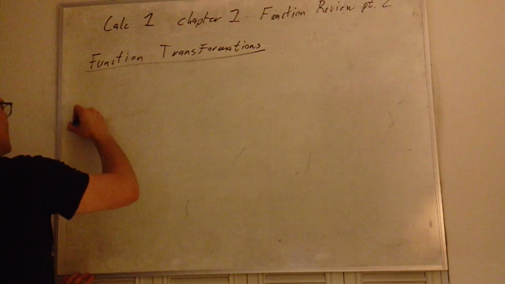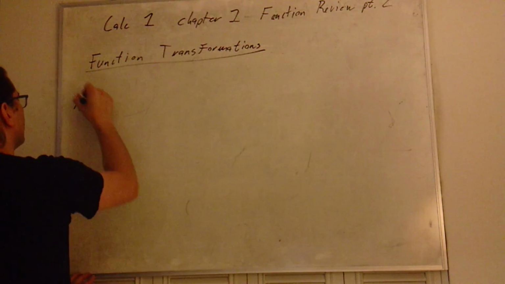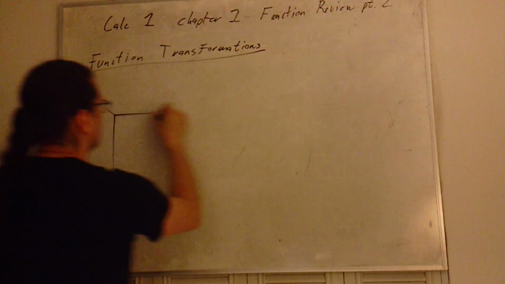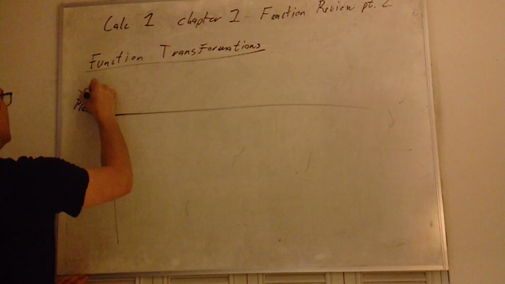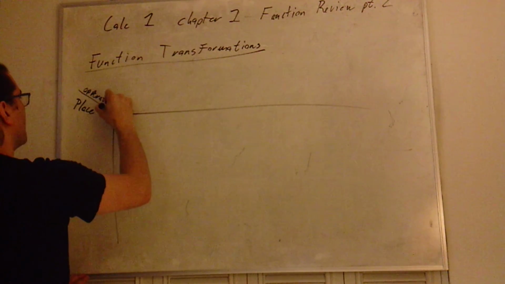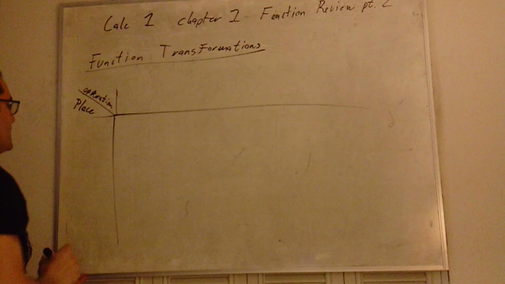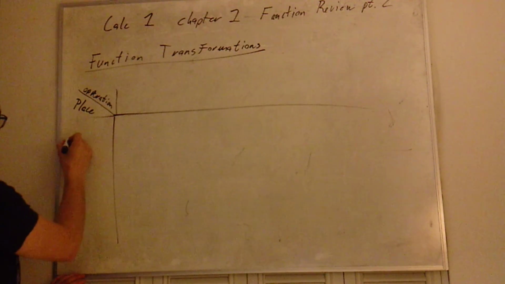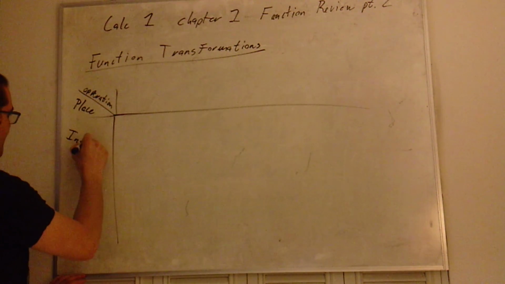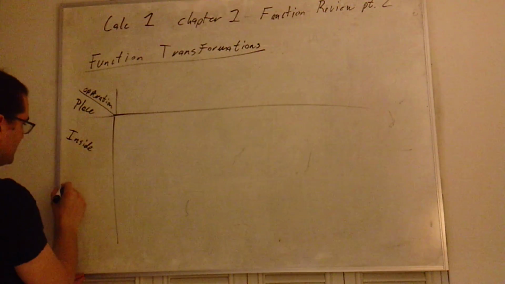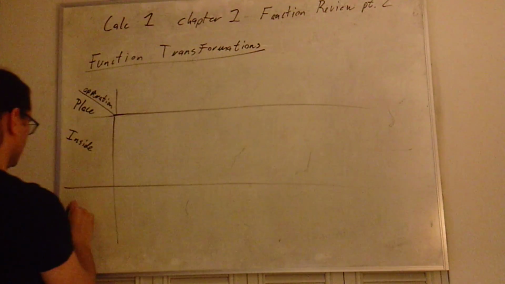So we have a place and an operation. The places we're going to do these things will be inside the function, and outside the function.